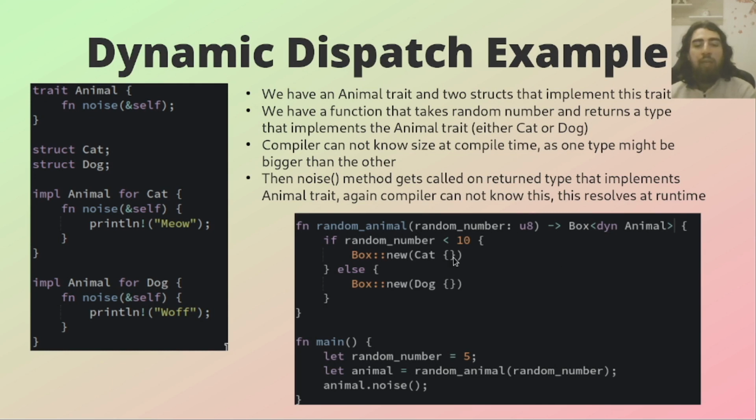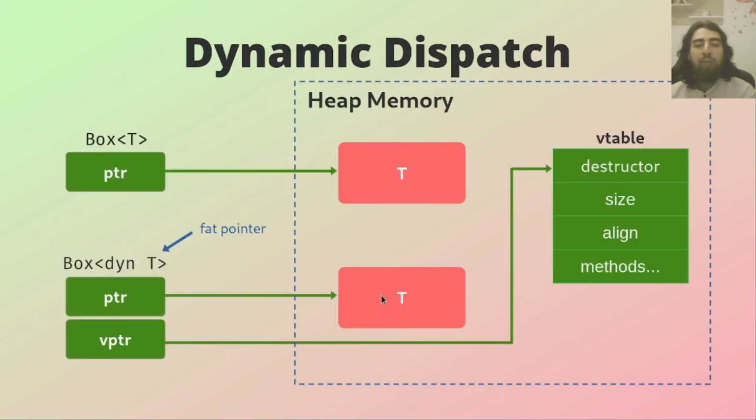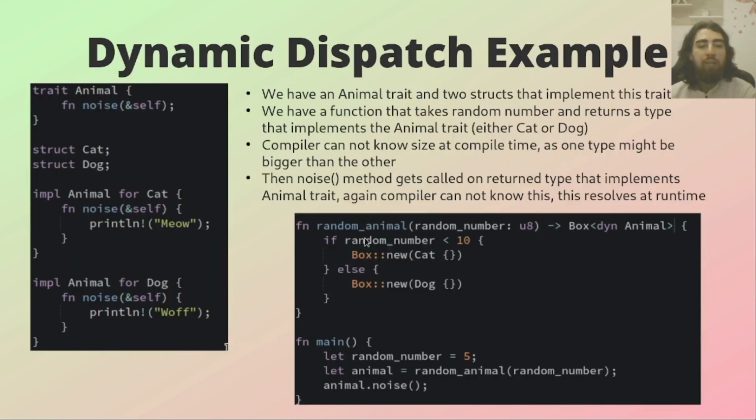We return a Cat, then the compiler will see that the type over here, which is concrete, is Cat. So it will see in the vtable the methods implemented for the concrete type of Cat. I hope this makes sense. So this is why we need dynamic dispatch here. Static dispatch doesn't work, because again, the output of this function is random.